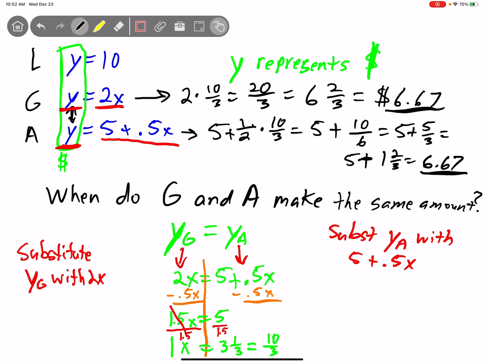So they both make about $6.67 for walking about 3 1/3 miles.